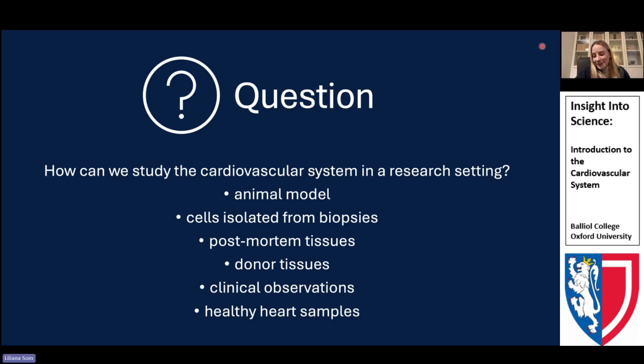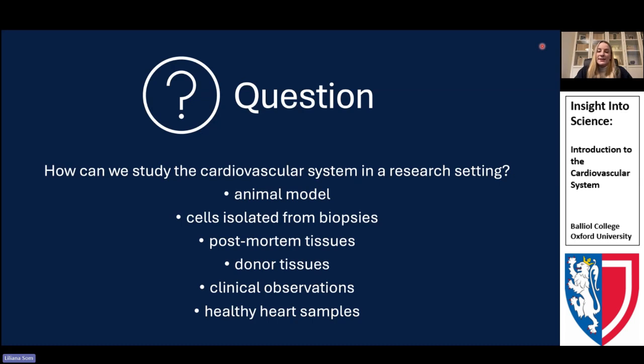We've got one answer. Animal models. Yes, we do have various animal models, and they are very commonly used in cardiovascular research. Yes, we have all of them, which is correct. We do utilize most of these.